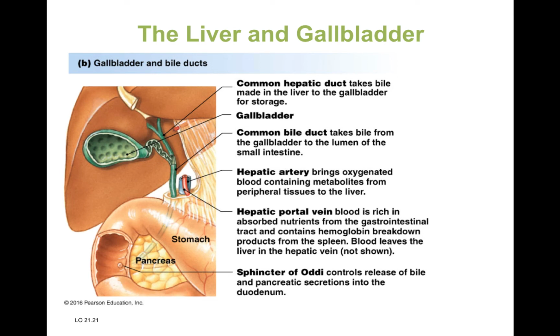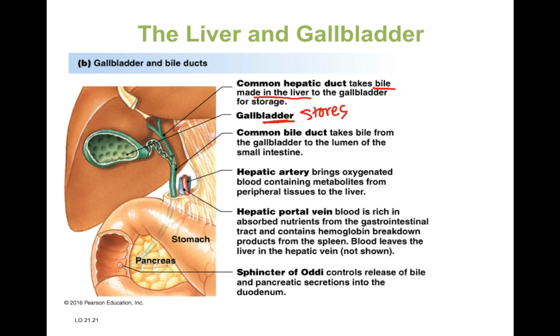You also have this other accessory organ right here, your gallbladder. A thing to point out is that bile, which we'll talk about in a second, is made in the liver. It's a common misconception that the gallbladder produces bile. That's false. The liver makes the bile, and the gallbladder stores it.